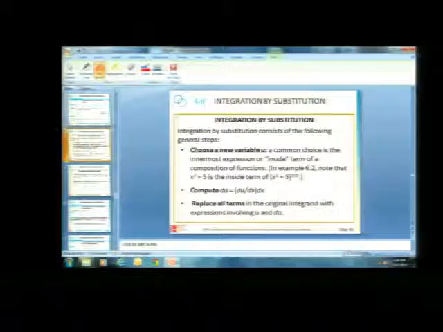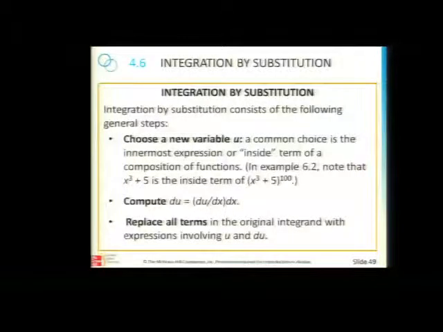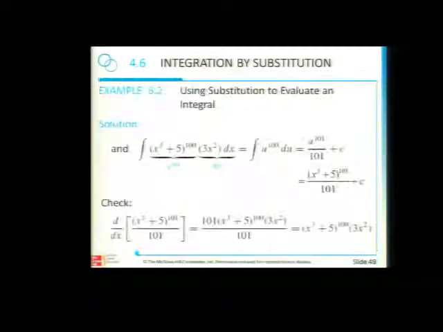All right. So in method of substitution, what do we do? Here is the general process that you should think about. First of all, as you have seen in the last example, when we make the substitution, you have to make a correct choice of the new variable u. Just now, we let x cubed plus 5 equal to u.